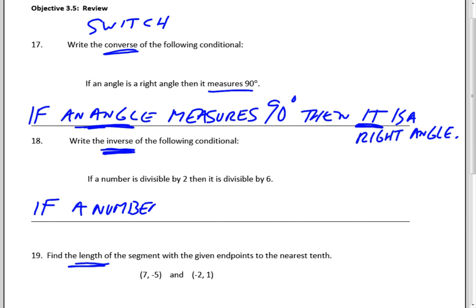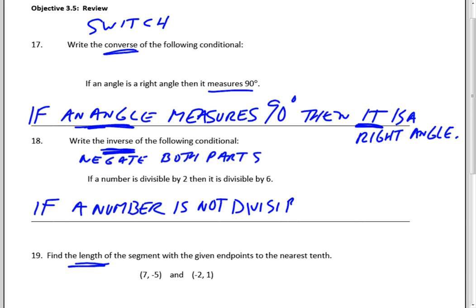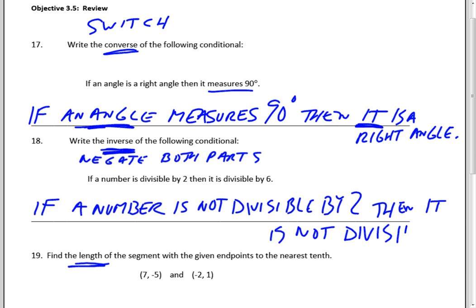The mistakes we're seeing, people are not negating both parts. Negate both parts. If a number is not divisible by 2, then it is not divisible by 6.